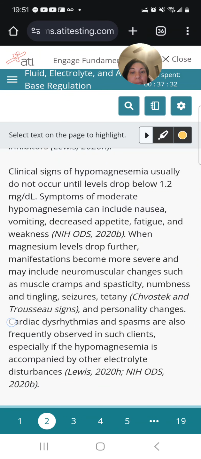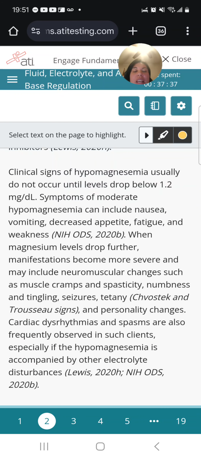So it has to drop below 1.2, but if it goes further, that's when you have these signs, because magnesium helps relax the body. Like I said earlier in my other video, they use a high amount of magnesium to help stop labor in mothers that go into preterm labor.